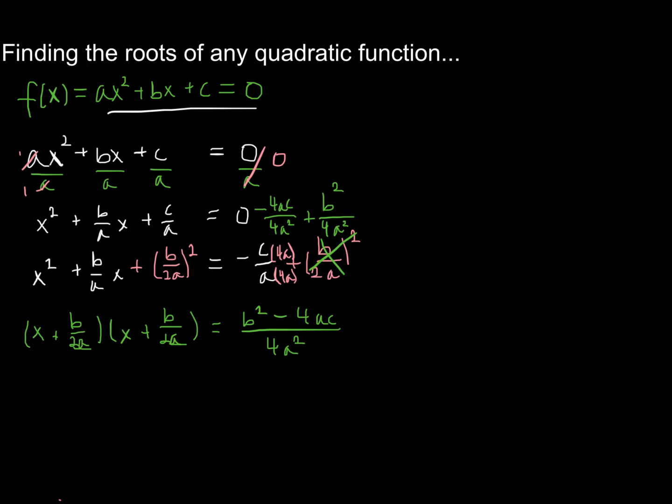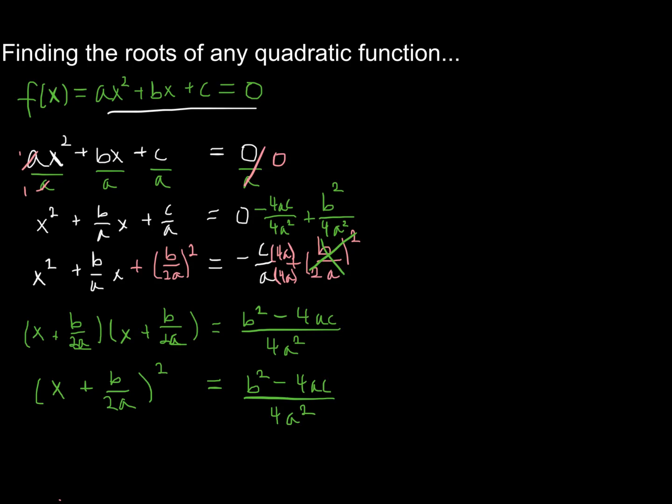So we can rewrite this as x plus b over 2a all squared, and that is equal to b squared minus 4ac over 4a squared. Okay, and we're almost there.